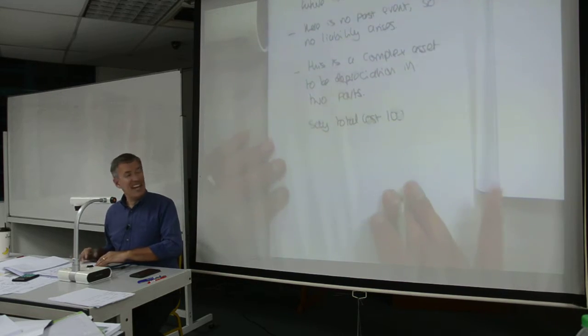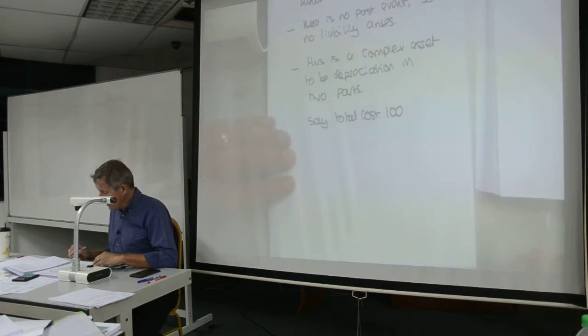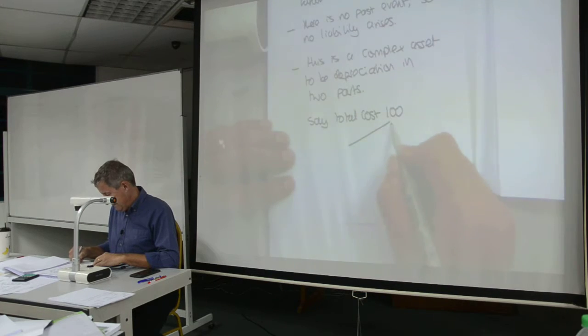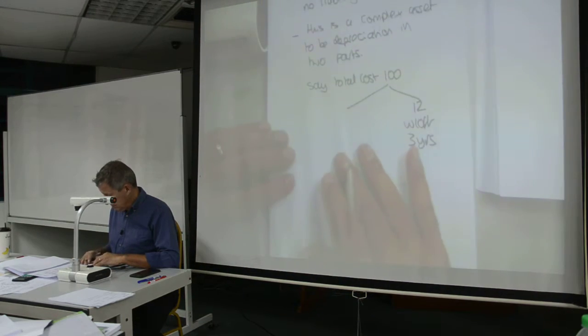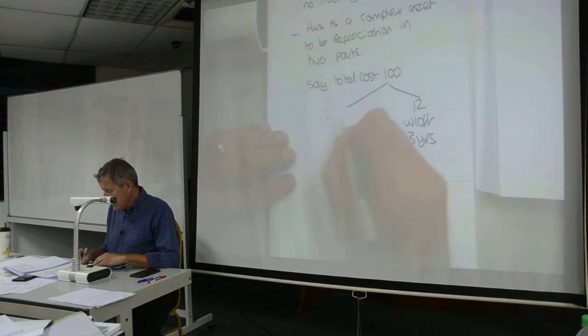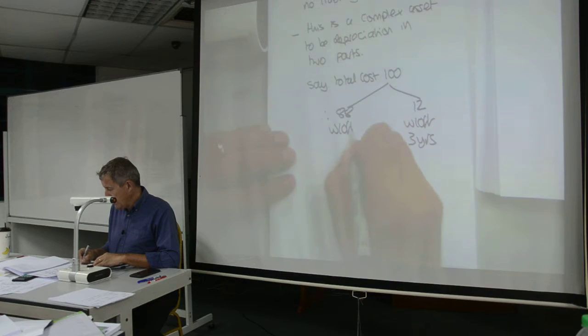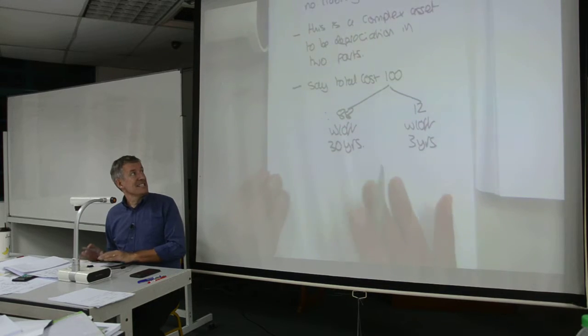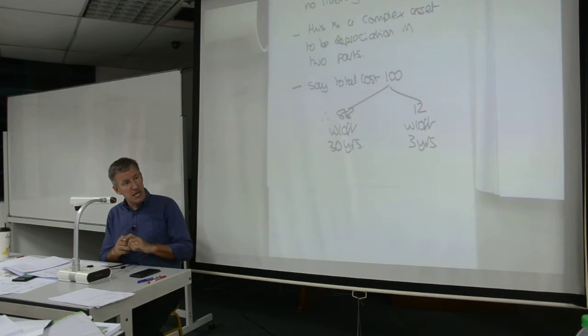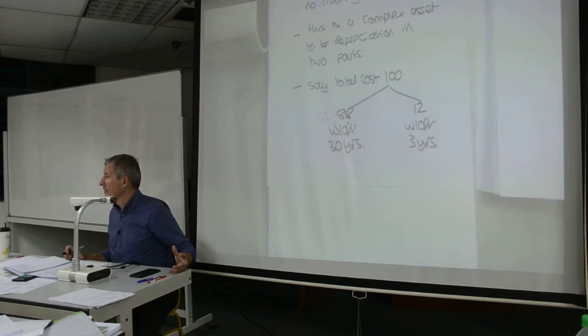If we say the total cost is 100, the 12 would be written off over 3 years, and the balance of 88 is written off over 30 years. So this is a complex asset to be depreciated in 2 parts.